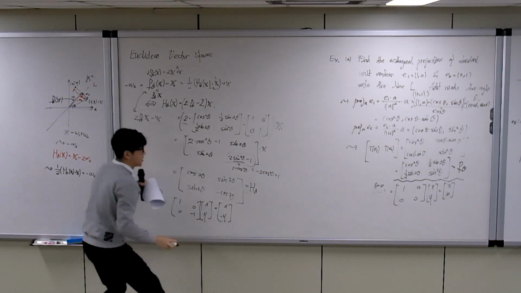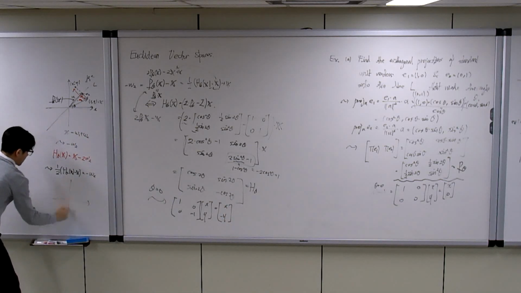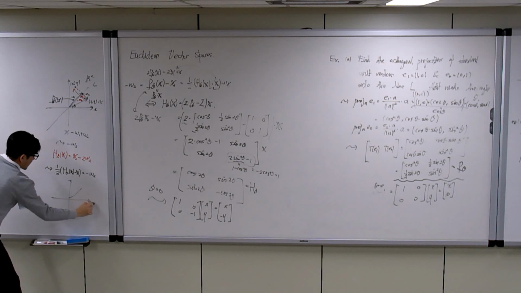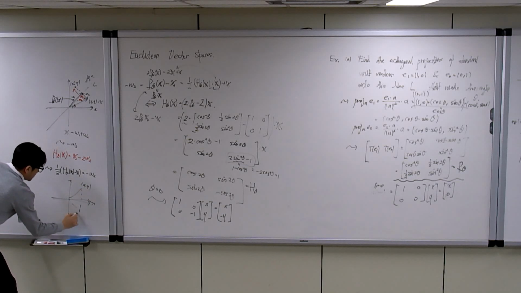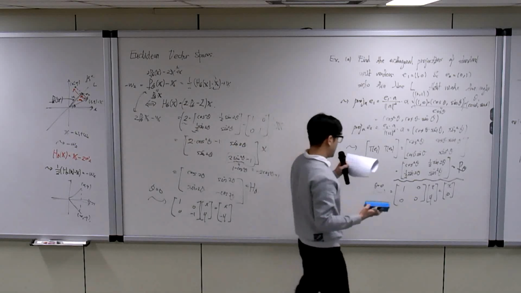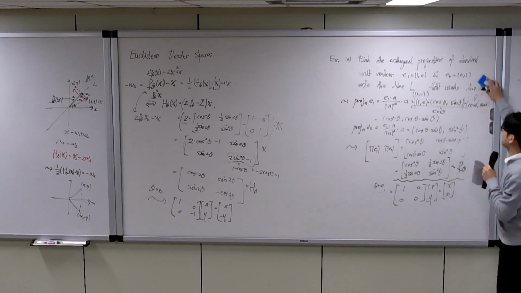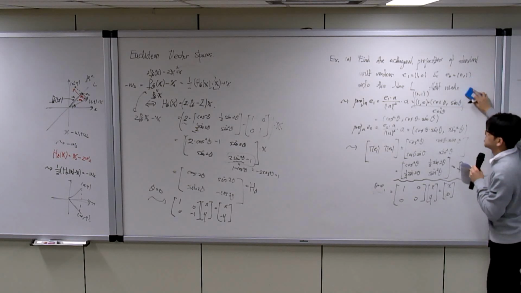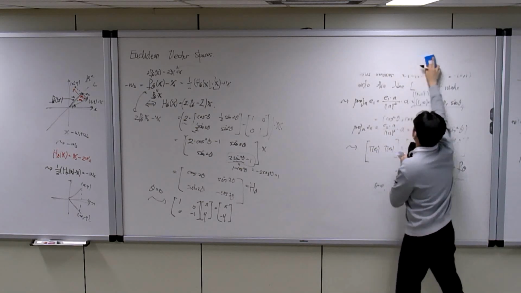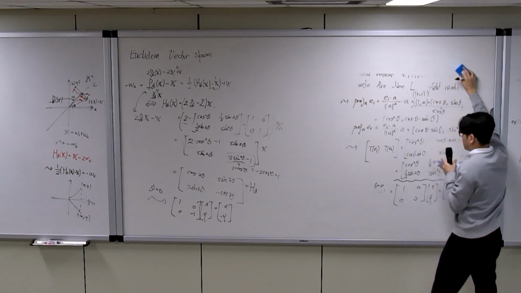So we can see it really reflects by the x-axis: x comma y goes to x comma minus y. So by using orthogonality, we can get the linear transformation of reflection and projection.